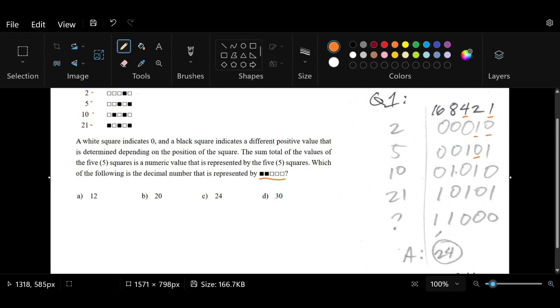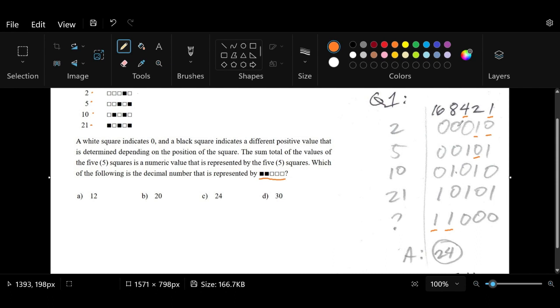We have a total of 5 squares here, so each of the squares is represented like so. And because the first 3 columns are white, which means they are 0, and the succeeding ones are the only ones that have a value of 1, then we put the ones like this.